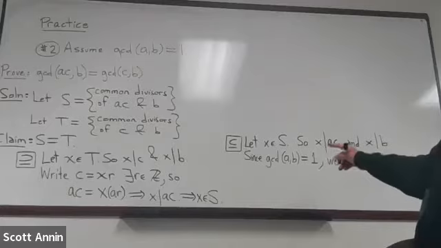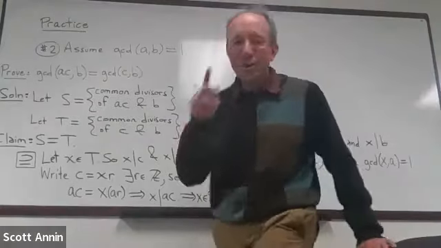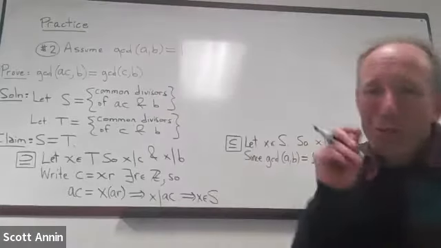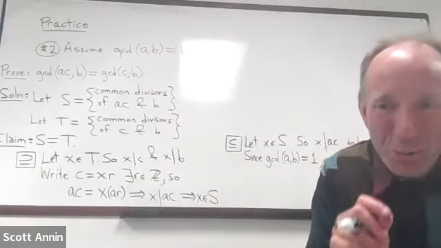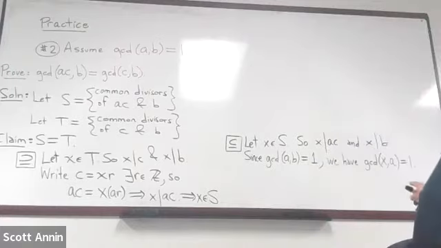However, we know that X divides AC. So now I want you to think about this. There's a result from our work so far that will allow us to draw a conclusion from this.